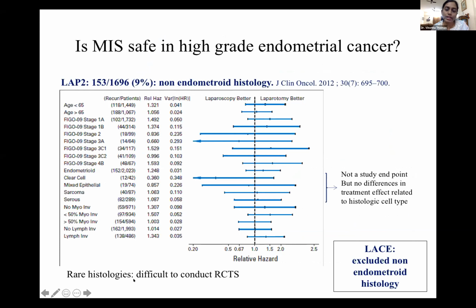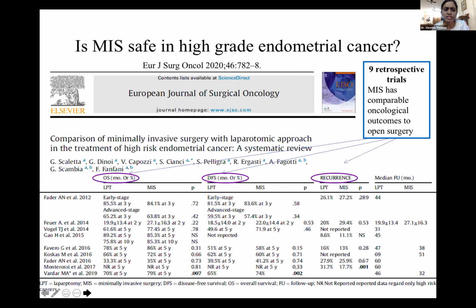But as we know, high-grade endometrial cancer is a rare histology and it is difficult to conduct randomized controlled trials. There was one systematic review published this year, which included 9 retrospective trials. When you look at overall survival, disease-free survival, and recurrence, MIS had comparable oncologic outcomes to open surgery.